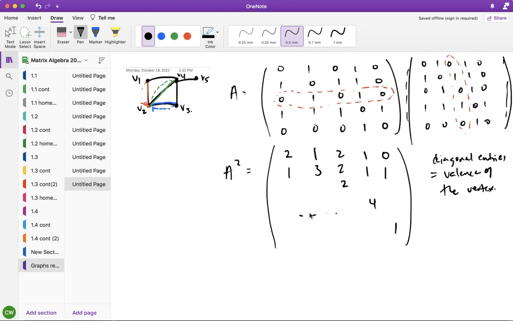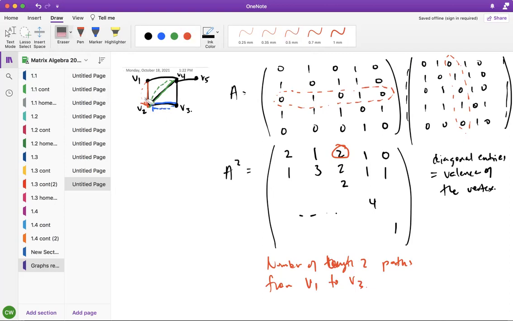So let's just note that this will mark for you the number of length 2 paths. So what does this entry say? This says the number of length 2 paths from V1 to V3.